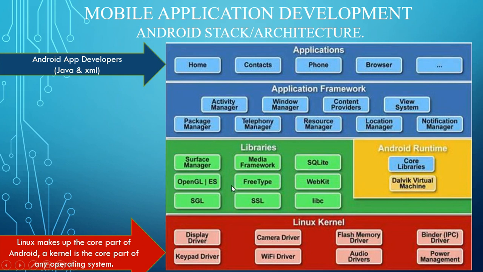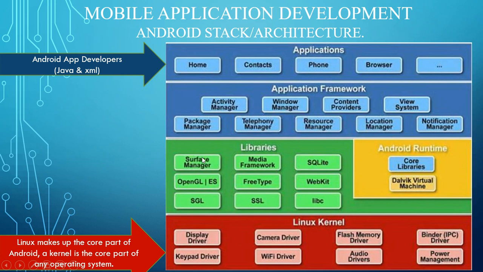We now move upwards. This is the first layer, Linux kernel. Each and every mobile phone has got a Linux kernel version, right? We have libraries. These libraries are used to access hardware through these drivers. We have Surface Manager.